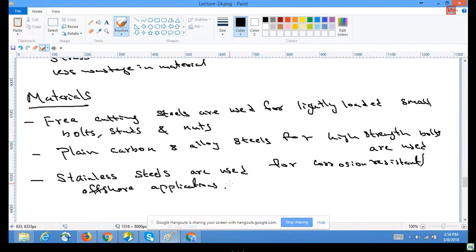So these are the different materials that will be used.